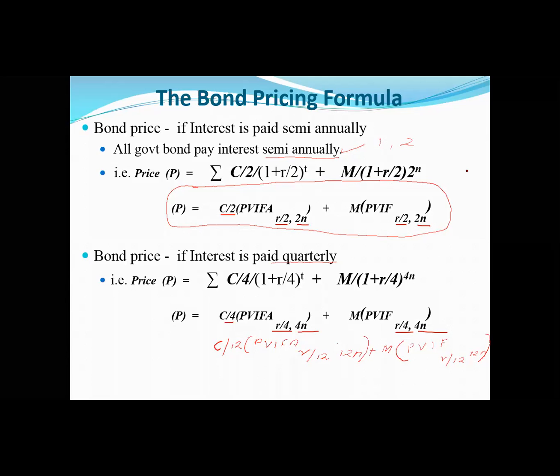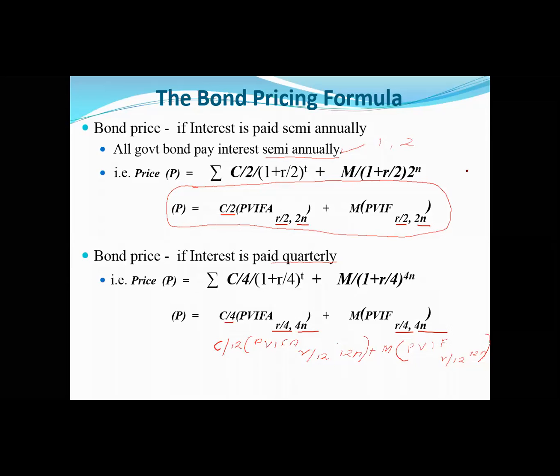How many weeks are there in a year? 4 into 12 becomes 48. Do we have 48 weeks in a year? So 52. Yes, in a year we have 52 weeks.